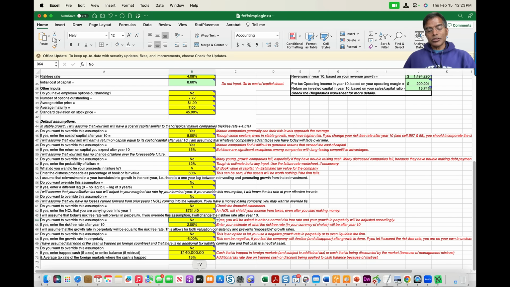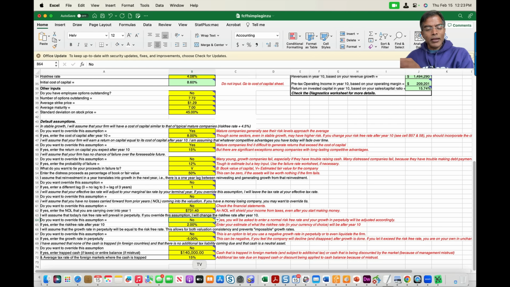You can ignore the last 3 cells because they reflect what was true in the US before 2017, which is if you had income outside the US, you had this quirk in the tax law, where if you kept the income elsewhere, you didn't have to pay taxes on it. It created what was called trapped income. The 140 billion is actually from Apple 8 years ago when I valued Apple. Huge trapped cash. And essentially I brought that in because that trapped cash, you can't leave trapped forever.